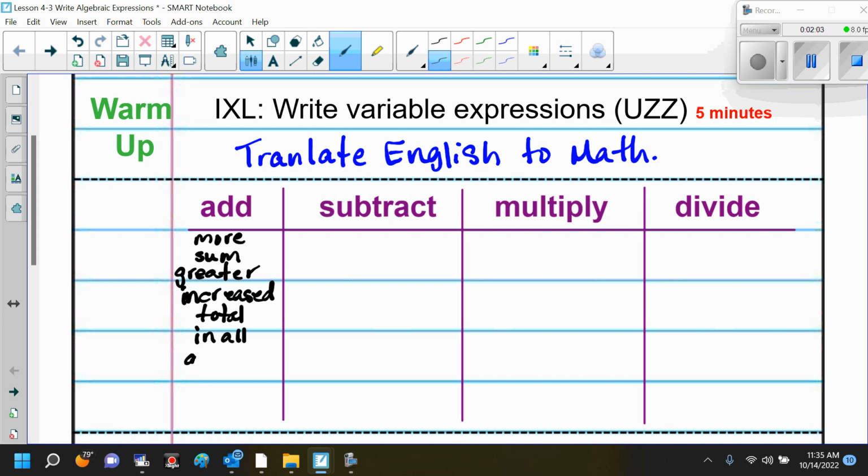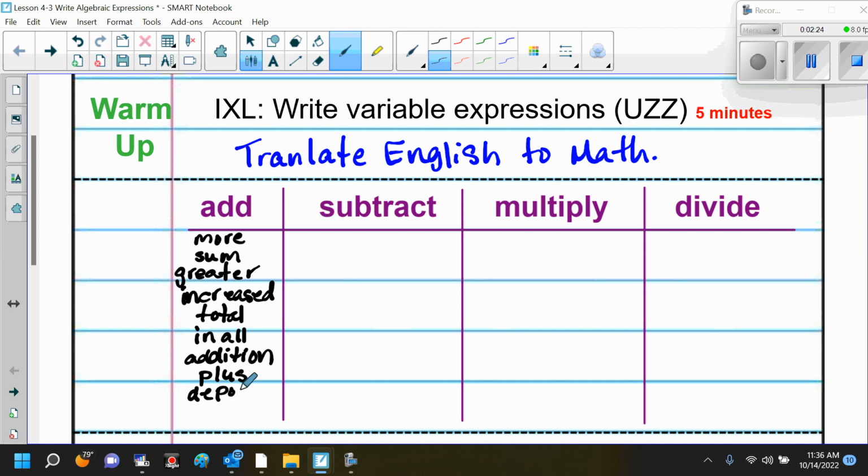Addition. How about plus? How about that word, when we're doing banking and they're putting money in? Deposit. Very good.